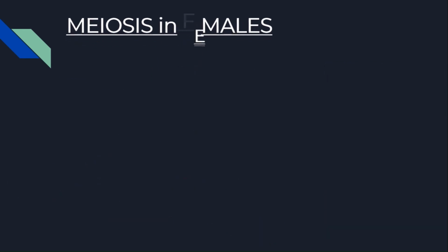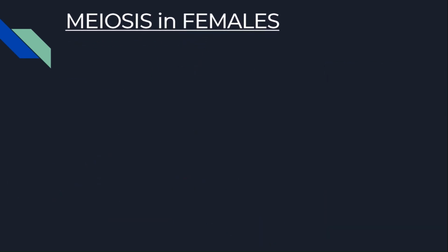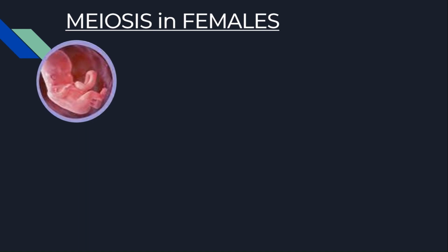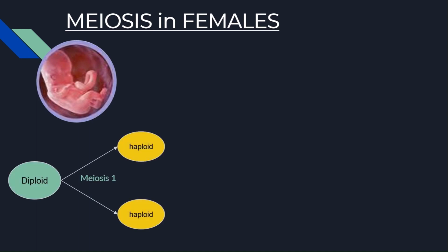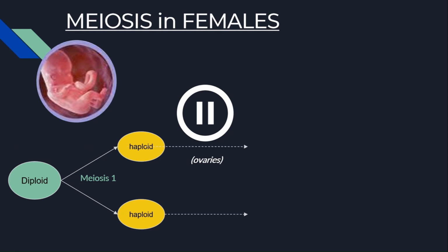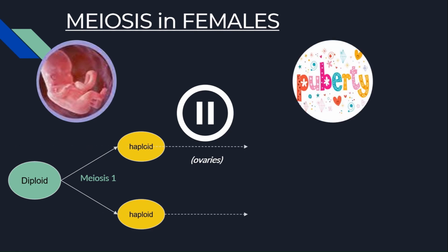In contrast, though, in females, meiosis begins during the fetal stage, when a series of diploid cells enter meiosis 1. And at the conclusion of meiosis 1, the process comes to a brief pause or a halt, and the cells gather in the ovaries. Then, at puberty, meiosis resumes.